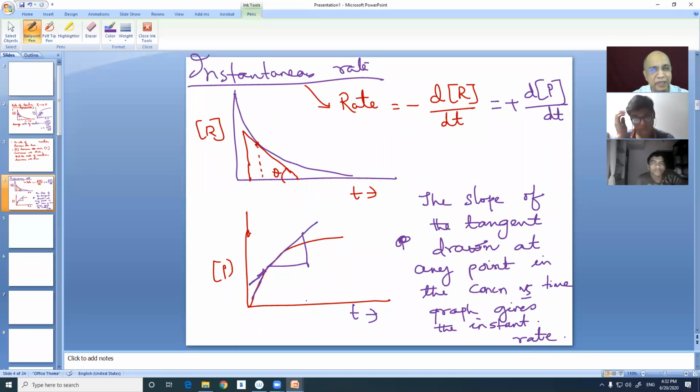Both the graphs are exponential, but whatever the graph, the rate will definitely decrease with time. Even when you are monitoring reactant, the magnitude of the slope goes on decreasing, and when monitoring product, the magnitude of slope is also decreasing.